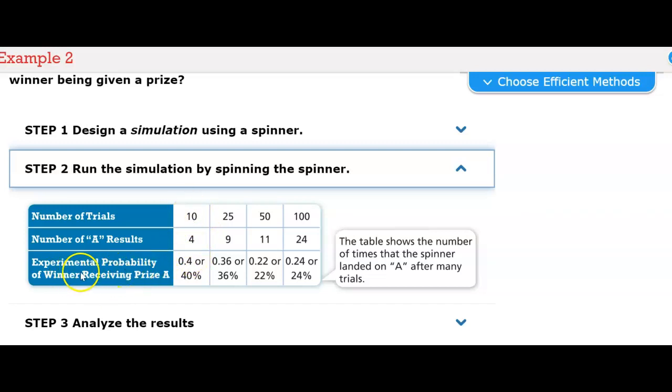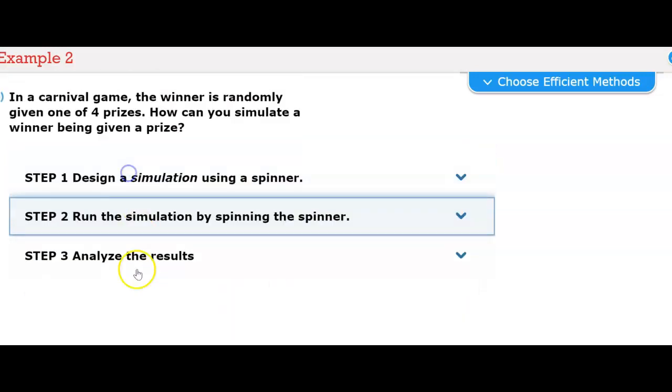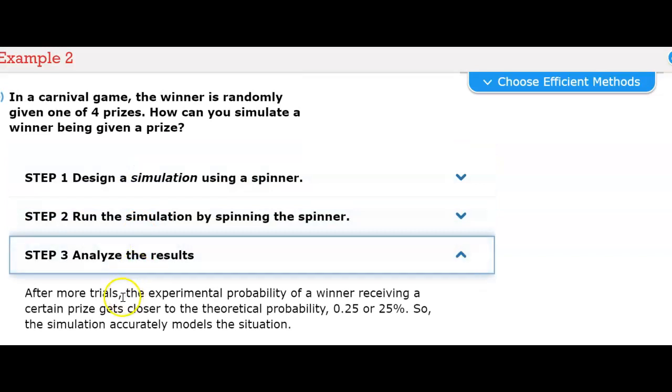The experimental probability of a winner receiving an A uses that proportion to create the experimental probability of a person choosing the letter A. Now step 3, after more trials, the experimental probability of a winner receiving a certain prize gets closer to the theoretical probability of 25%.